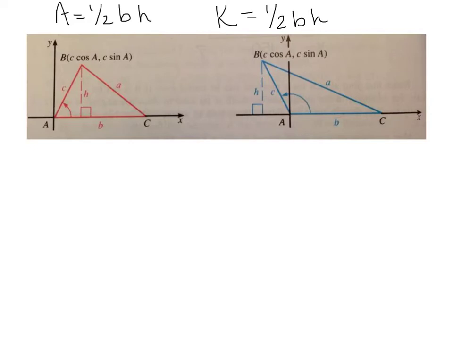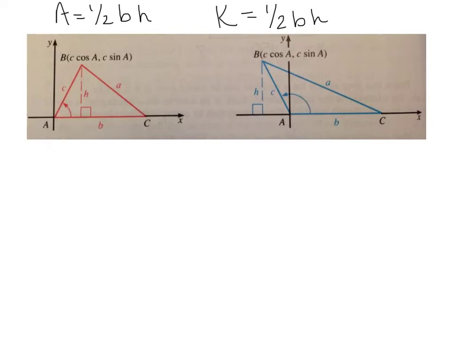Since the height isn't an actual side length of our triangle, we need to figure out a way to represent height using our side lengths and our angle measures. One thing that you should notice is that we've got angle A here on this right triangle. So I could take the sine of A and let that be equal to h divided by the hypotenuse.